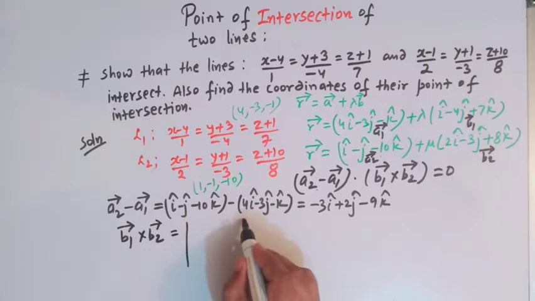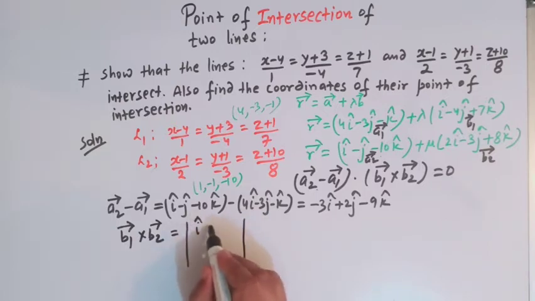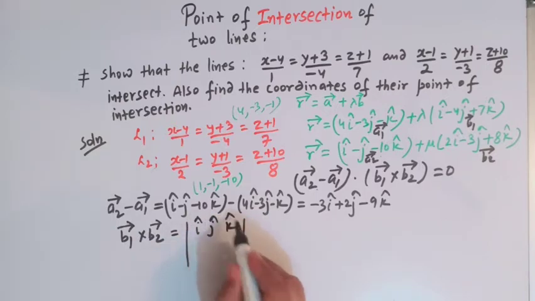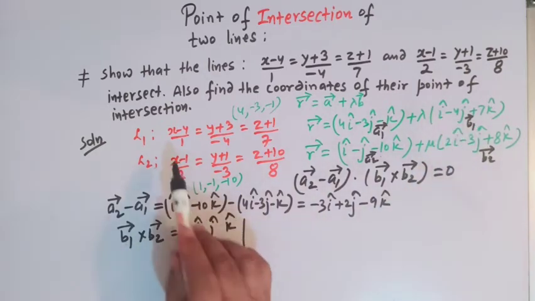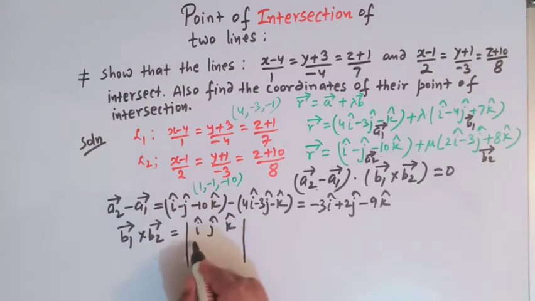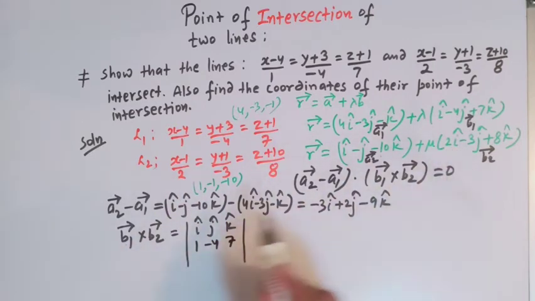This can be obtained by evaluating this determinant. Vector B1 has components 1, minus 4 and 7, and the components of B2 vector are 2, minus 3 and 8, right?